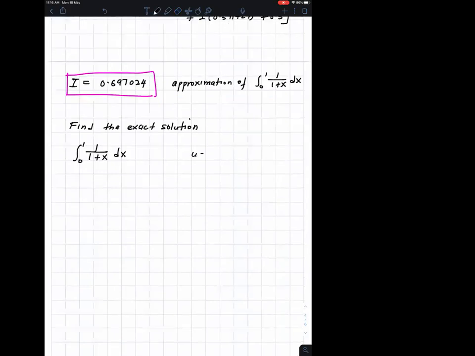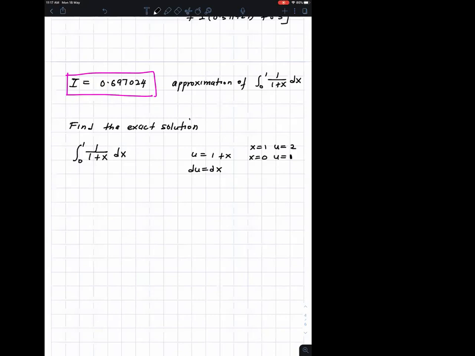Use substitution. u is 1 plus x, du is dx. So when x equals 1, u is equal to 2. When x equals 0, u is equal to 1.